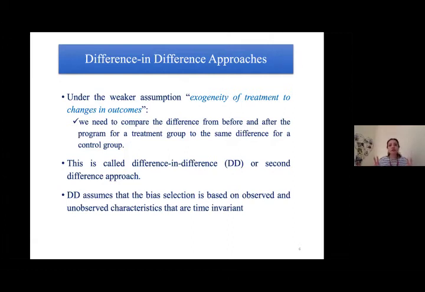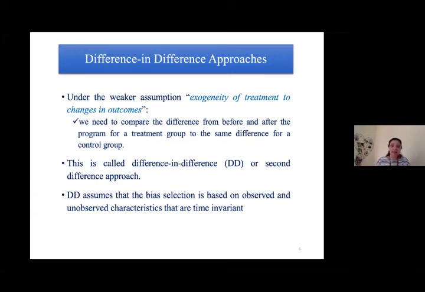So I will have two differences, and this is why we call it difference in difference or second difference approach. I will compare the outcome of the treated before and after the implementation of the program. I will compare the outcome of the non-treated or the control group before and after the implementation of the program. Then I will compare these two differences, okay?